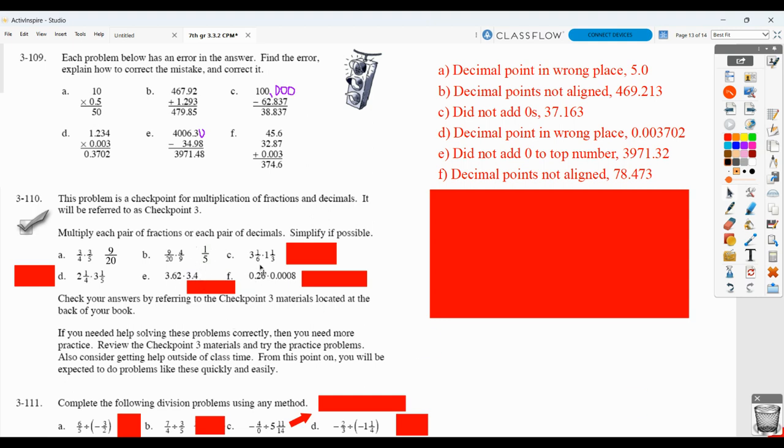Here you should change these both to fractions greater than 1. So this would be 19/6 times 4/3. Again, make sure that you're showing any simplifying you're doing. You're getting this fraction greater than 1 and then the mixed number. Here you need to change them again both to fractions greater than 1, which would be 9/4 times 16/5.